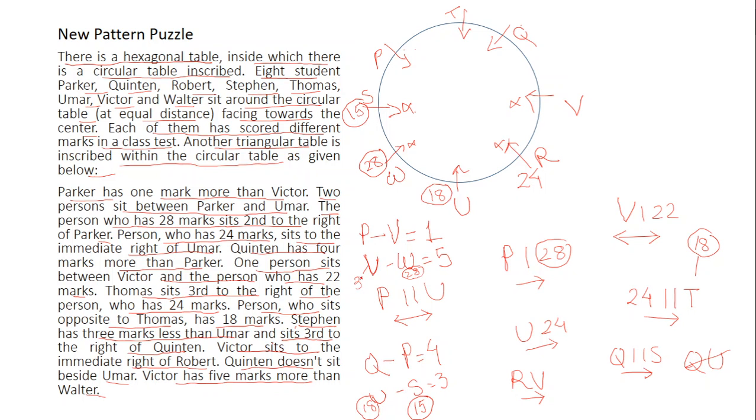It would be 33. If V's marks is 33, what would be the marks of P? It would be 34. Which marks are left? The marks of T and Q. P is 34.